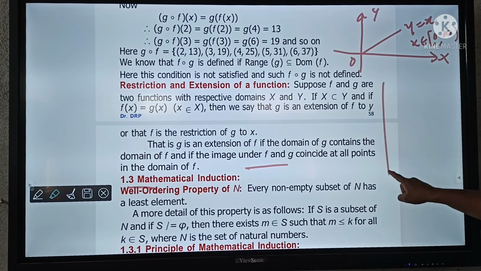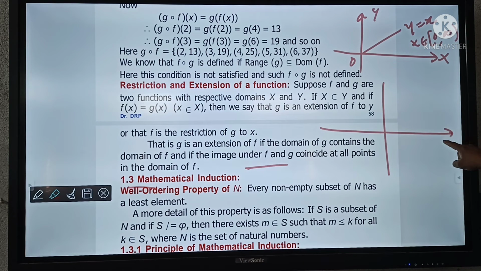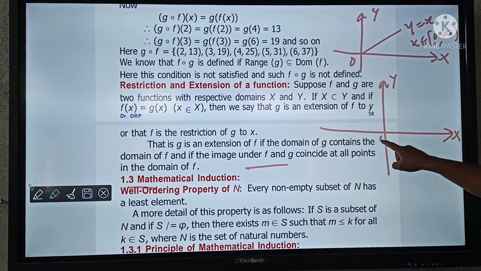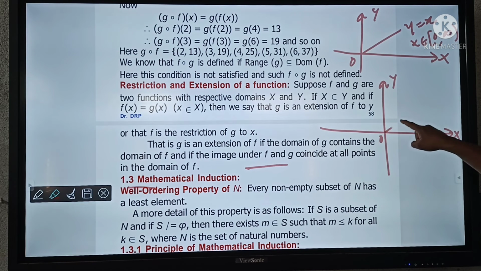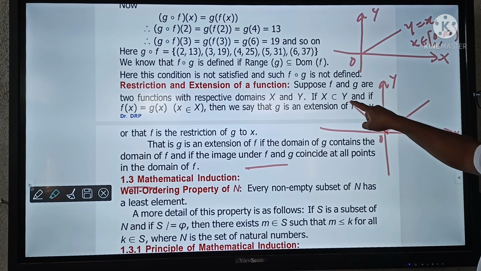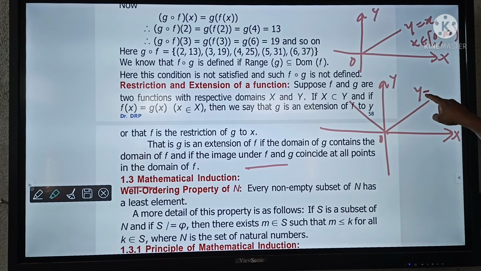One more graph I want to plot. This is the x and y axis, and the origin is here. This is the graph of the function y equal to modulus of x, and x belongs to R, that is, R is the domain of this function.